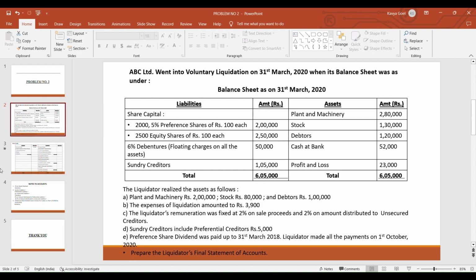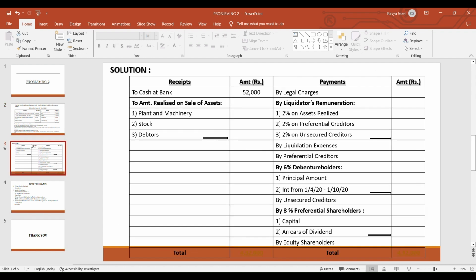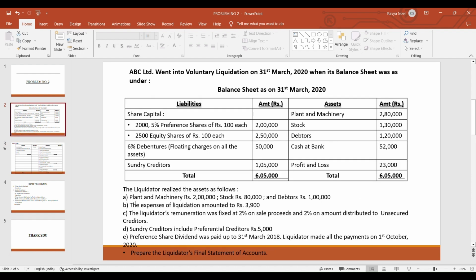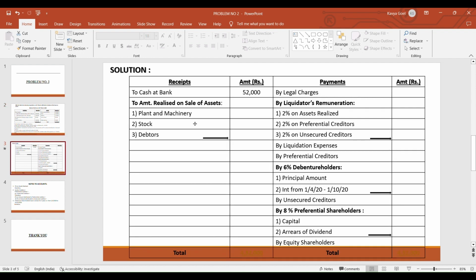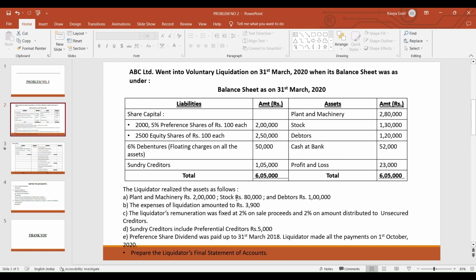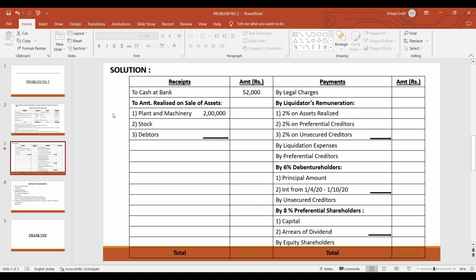Okay, so first is plant and machinery. Here it is given, liquidator realized the assets as follows: plant and machinery for 2 lakhs. So we'll write in the inner side 2 lakhs. Second is stock. Stock was realized for 80,000. So we'll write 80,000.